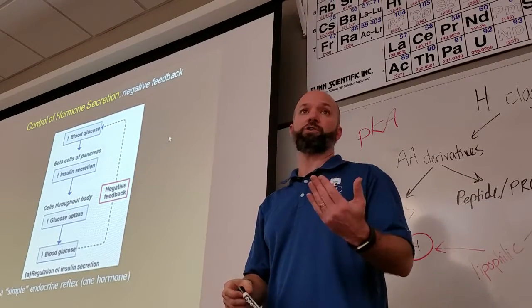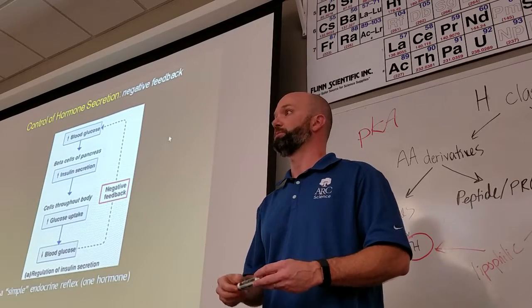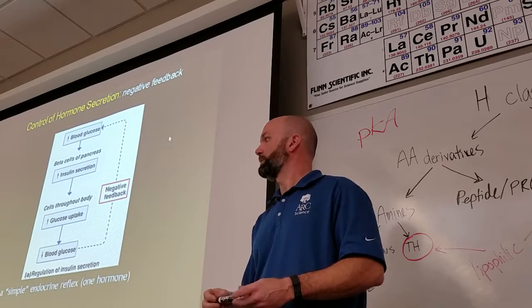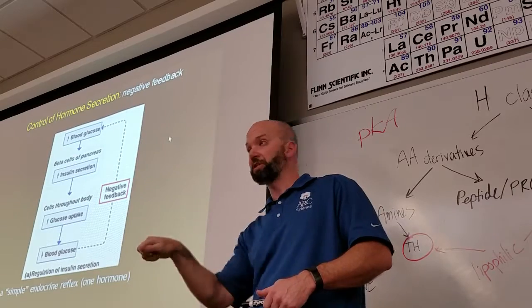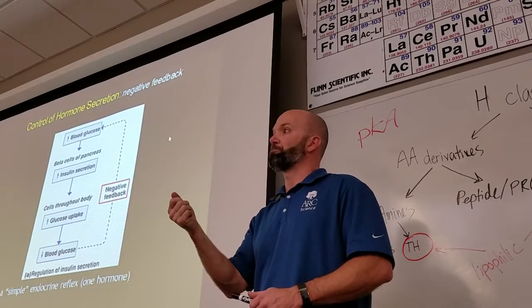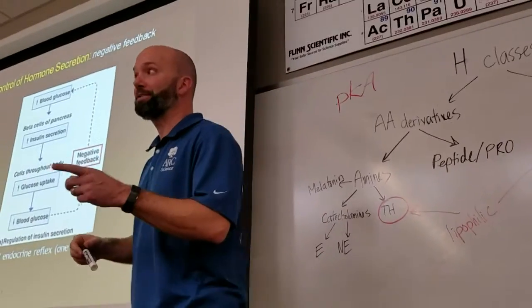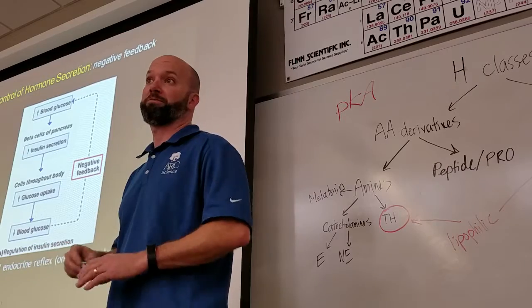So if you want to change your heart rate from 60 beats per minute to 100 beats per minute, what do you do? Start turning down parasympathetic and start turning up sympathetic. Now, it is possible to get your heart rate up to 100 without using sympathetic at all.